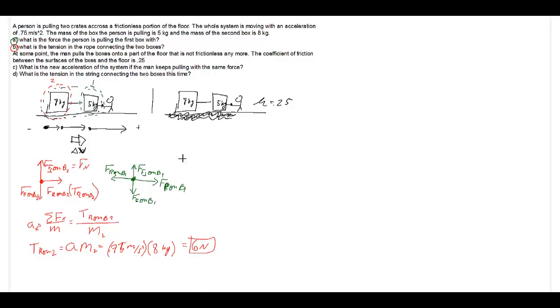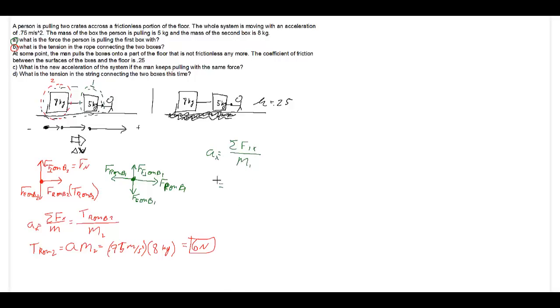Now, let's go to this one and do Newton's second law for this one. So I'm going to do this over here. a is equal to the same thing, the sum of the forces on box 1 in the x direction, over the mass of box 1.